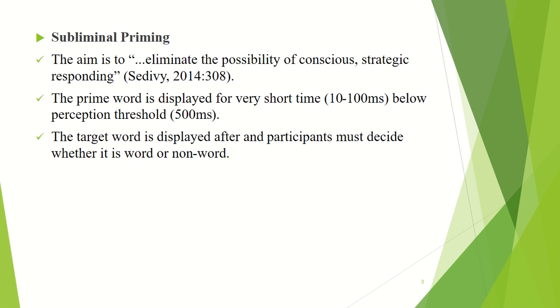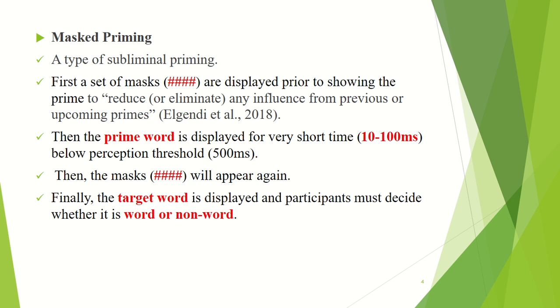But for subliminal priming, it shouldn't be more than 500 milliseconds, and it is recommended that it be on the screen somewhere between 10 and 100 milliseconds. So we will see how easy it is to build the PsychoPy experiment. The only thing that you need to do is to change the duration of time that the prime word is on the screen.